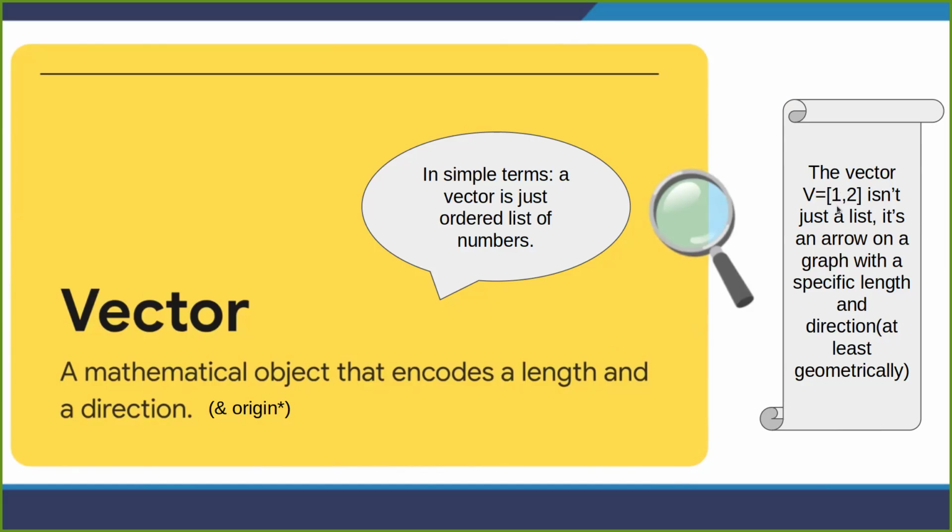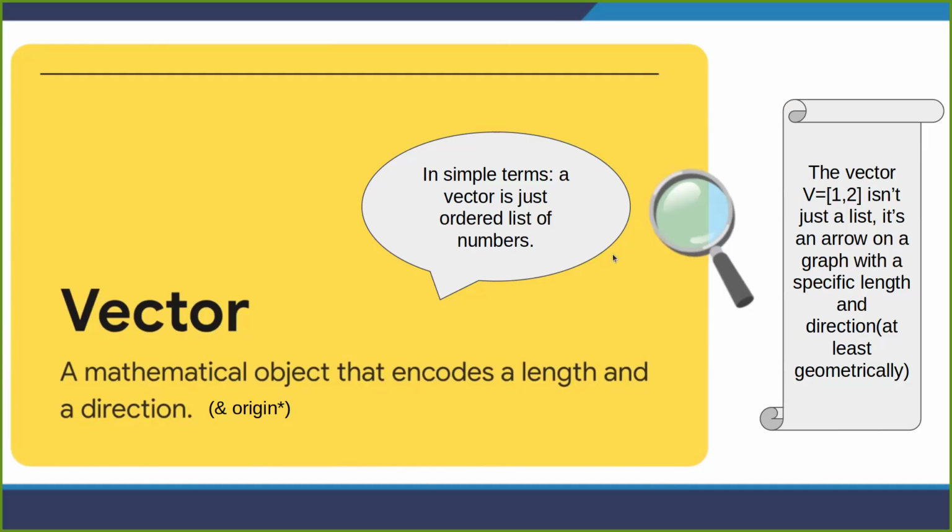So this isn't just a list, but it's an arrow on a graph with a specific length and a specific direction. So geometrically, you can have multiple meanings of this. You can represent it by row, by column, or by coordinates. By representing it with coordinates, you are showing it geometrically.